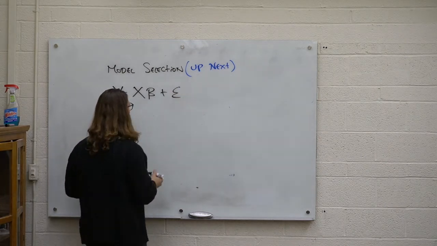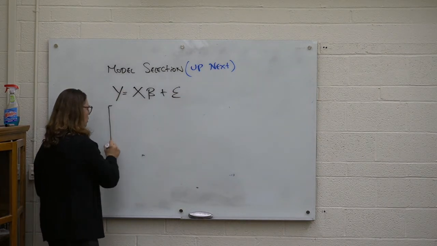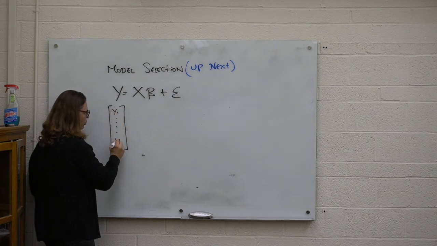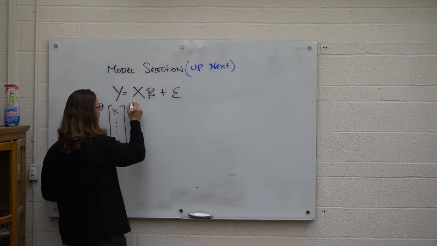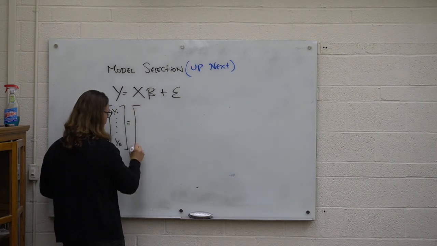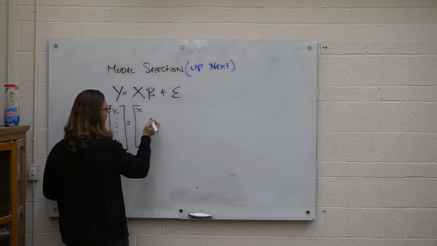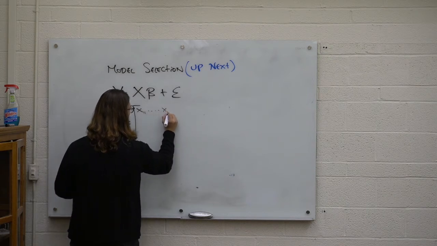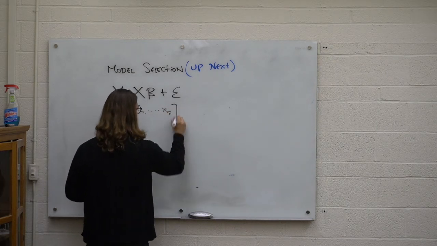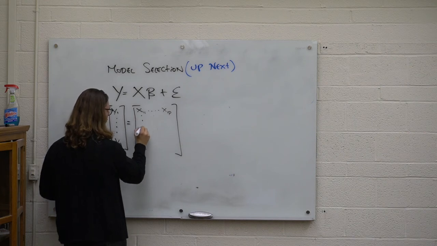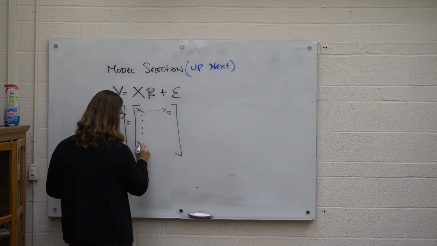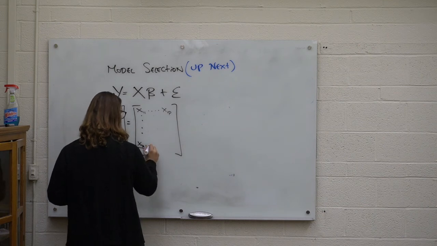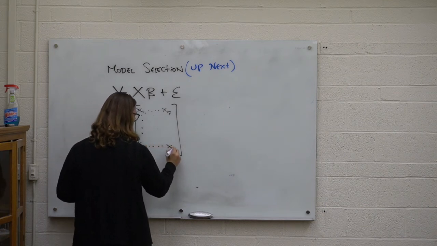So this is our typical setup right here, where y is going to be a collection of values. These are our responses. X is going to be a collection of covariates. So this is going to be x11 out to x1p. This is going to go down to xn1 out to xnp.